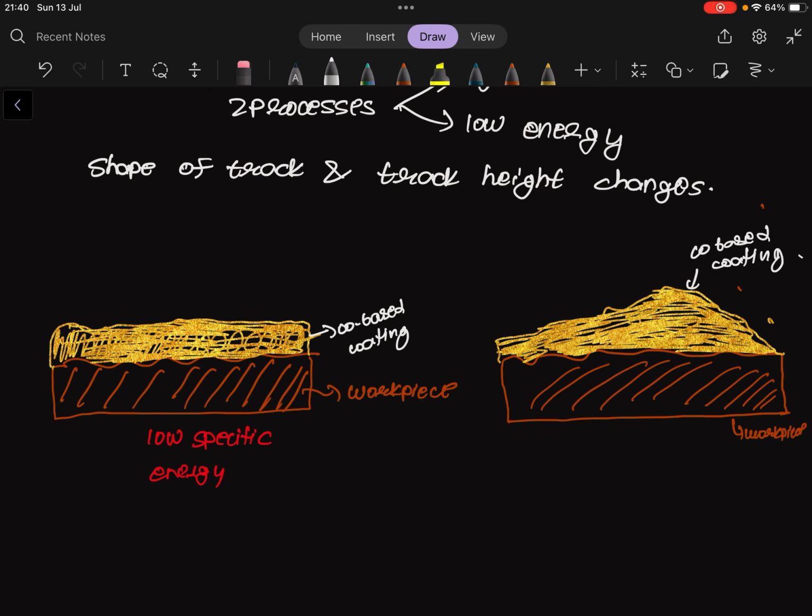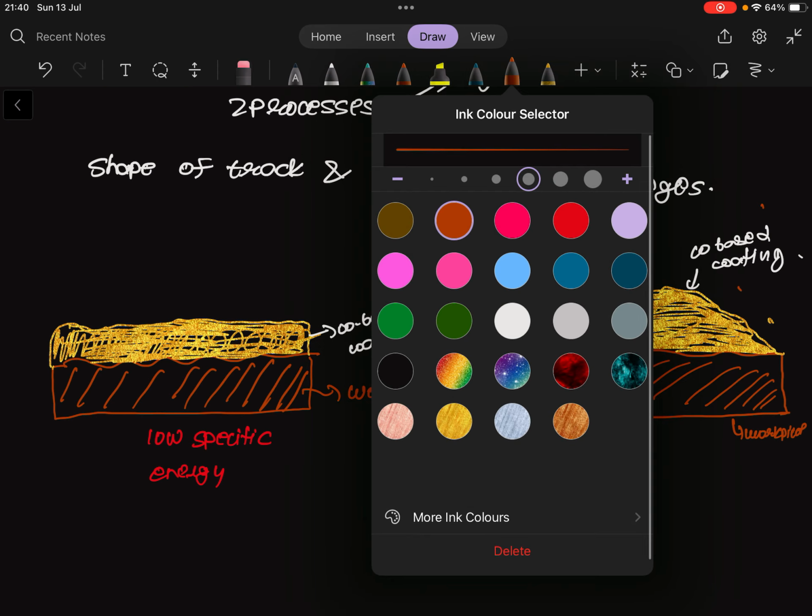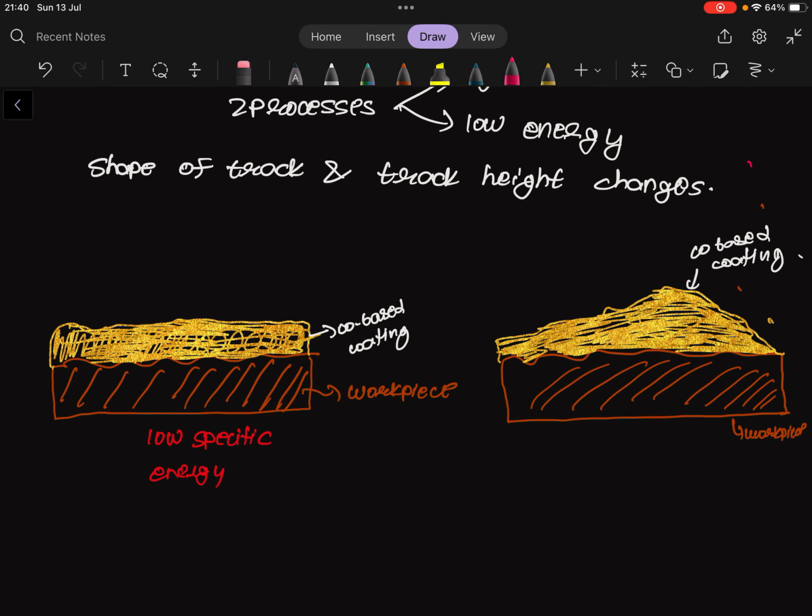So this coating is obtained for high specific energy. Let's discuss the points which you are going to observe here.